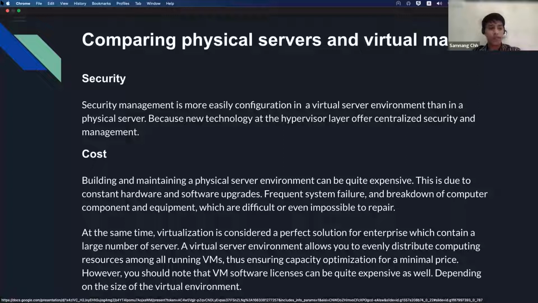But for my question, if on my laptop or PC I install VMware Workstation and install a VM on the workstation, is VMware Workstation the hypervisor or not?